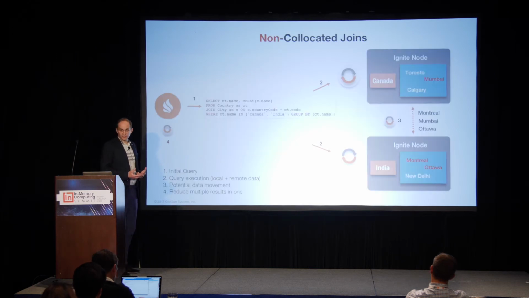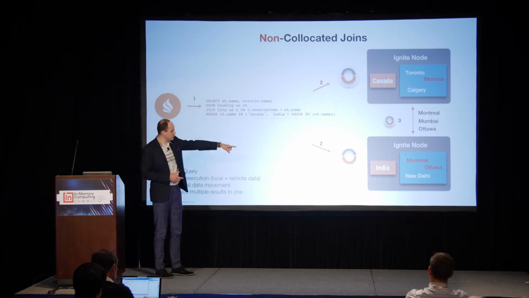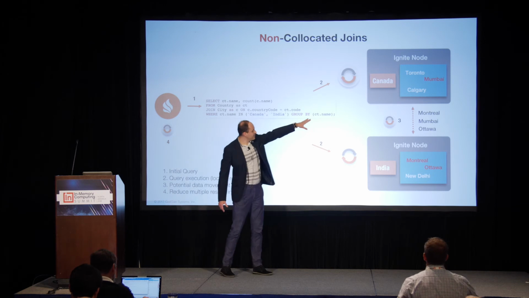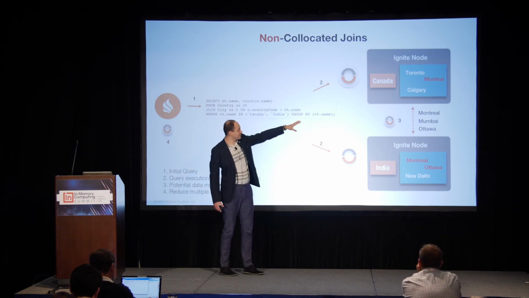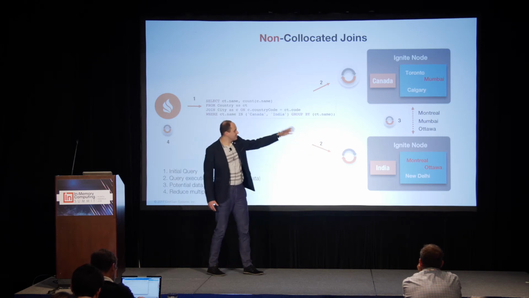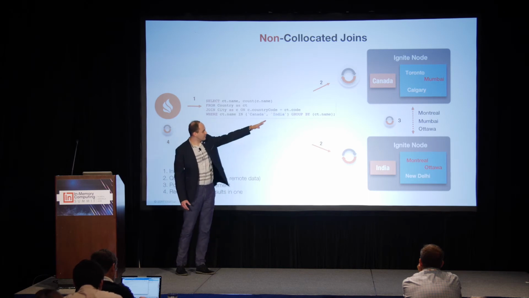And when we execute a query that involves a join, like shown here, we would broadcast it to all the nodes. And if we do the local join on every node, we would not get all the results, right? Because on the first node, the join would return Toronto and Calgary for Canada, but we would lose Montreal and Ottawa. And the same happens to India. We would only find New Delhi here, but we would lose Mumbai.